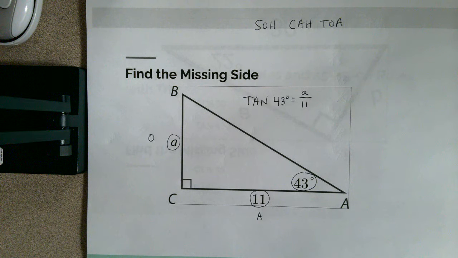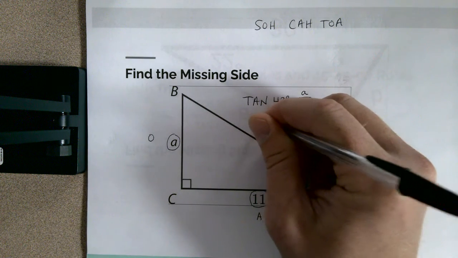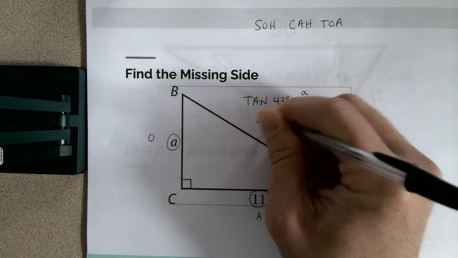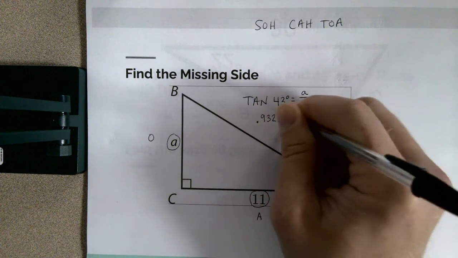You're going to type into your calculator the tangent of 43 degrees. So everybody do that right now. Type into your calculator the tangent of 43 degrees. Now, when you type the tangent of 43, you should get a value that's something like 0.9325.